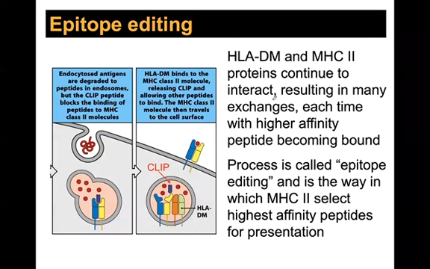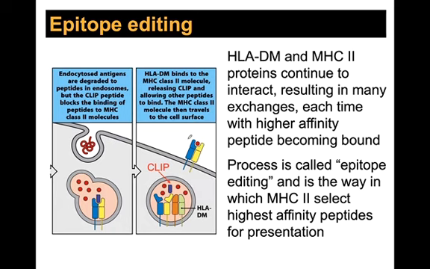Now, what happens then is you edit the epitopes that are being presented by MHC class 2. It's not just once that DM is coming in and opening that MHC2. It keeps doing this repeatedly. And so each time, even if that MHC2 has a foreign peptide on it, it can still edit that and bind a different one; if something else binds better, then you exchange one peptide for another.